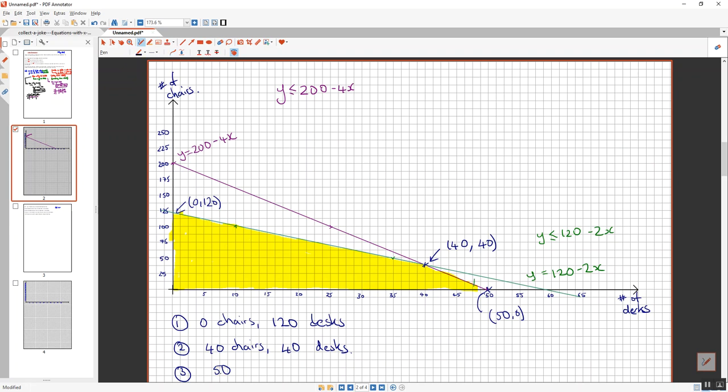Sorry, 50 desks. I've written it up the wrong way around. Sorry, my bad. So that's 0 desks, 120 chairs, and this one is 50 desks and 0 chairs.